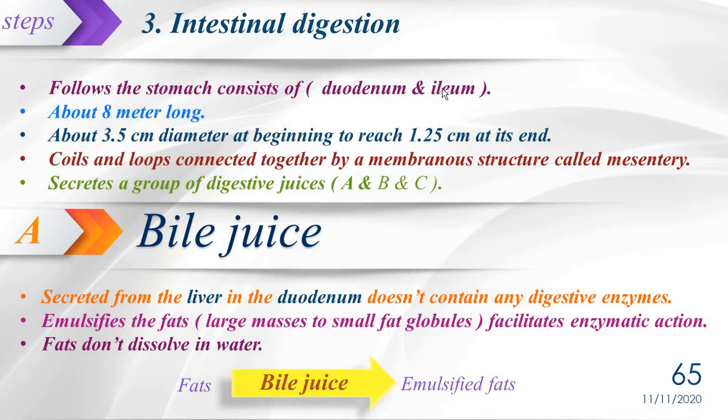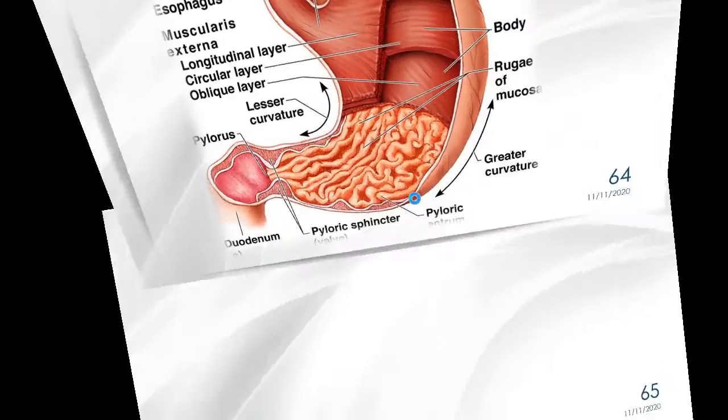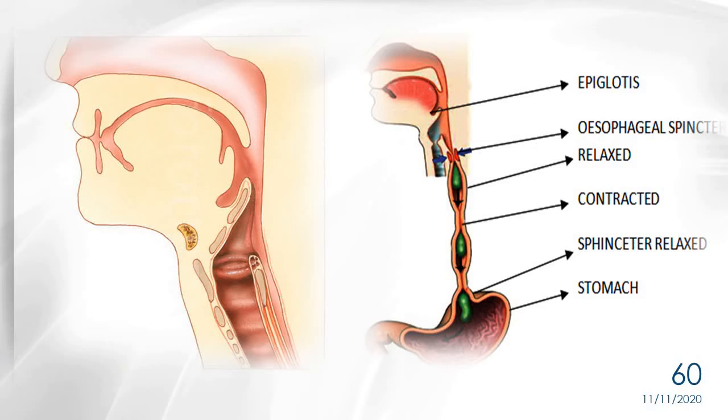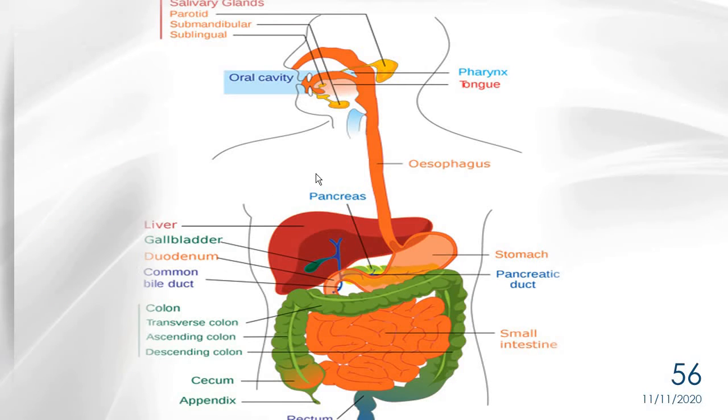We said before that the small intestine consists of two parts, which are the duodenum and the ileum. Where's the duodenum here? Here is the stomach, and here is the small intestine.